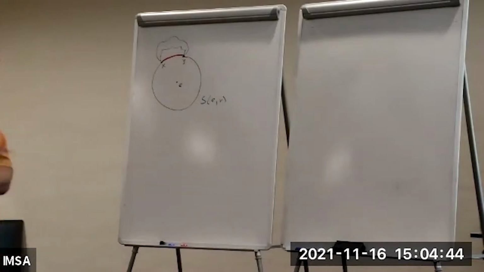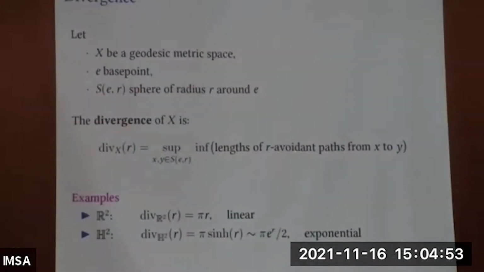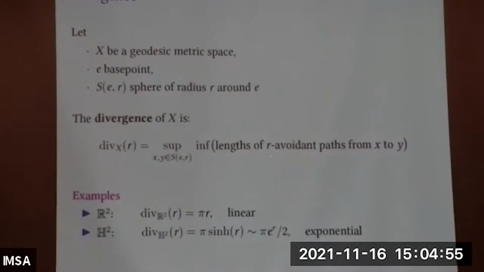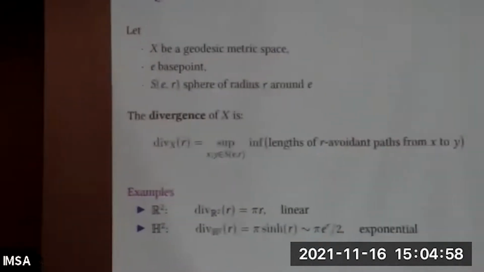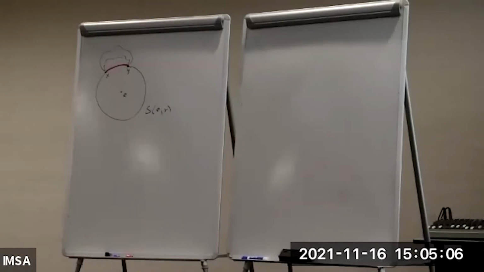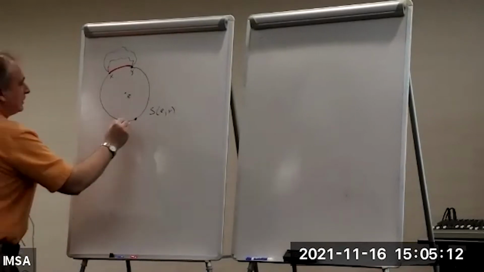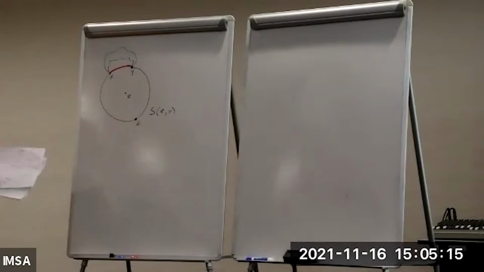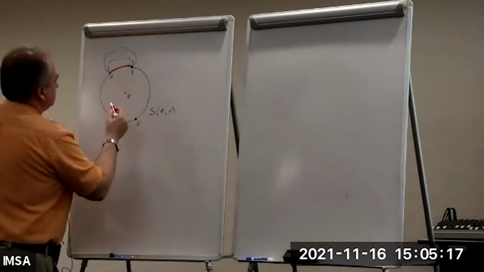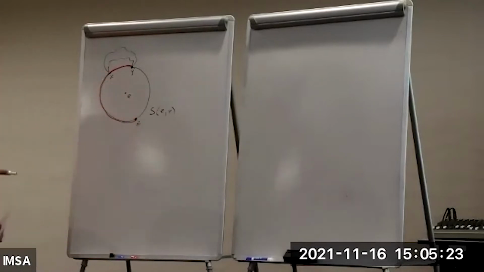So that's what stands in this parenthesis, the length of an r-avoidant path from x to y, and we take the infimum, which I denoted by red. And then we take a supremum for all points on the sphere. And here, for example, such a point will be here. The antipode. It is supposed to be the antipode.